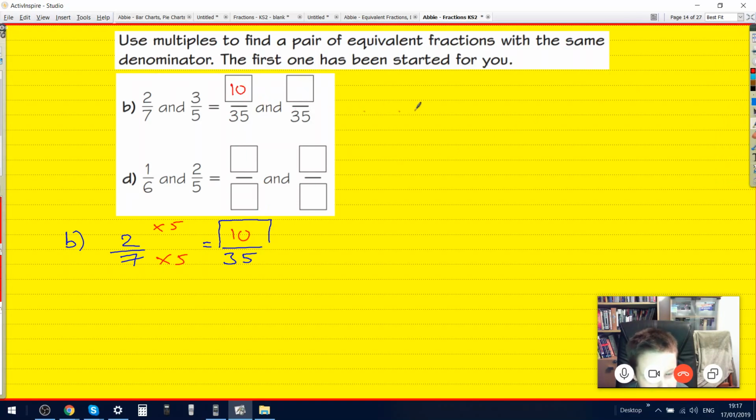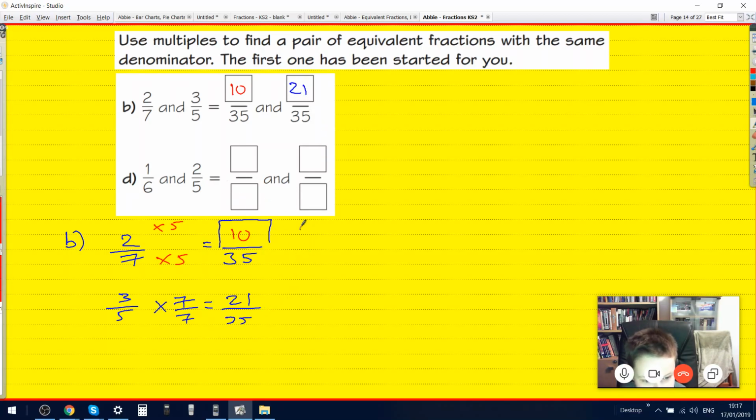And then how about the other one? The second one, they did 5 times 7 to get to 35, and then you would do 3 times 7, which is 21, I think. Yes, that's 21.